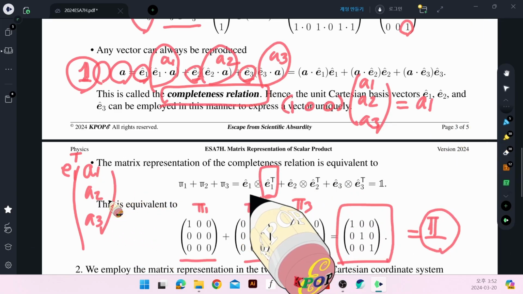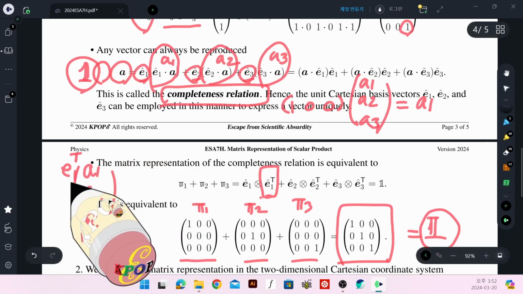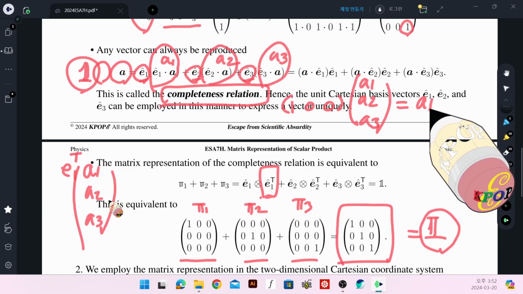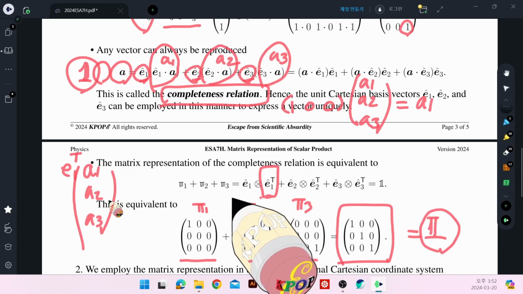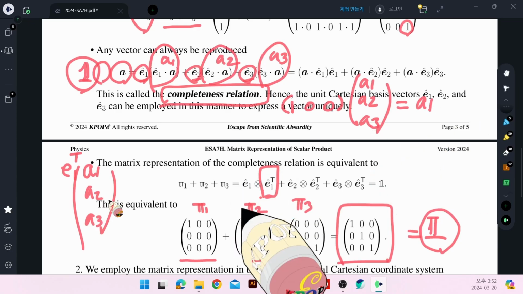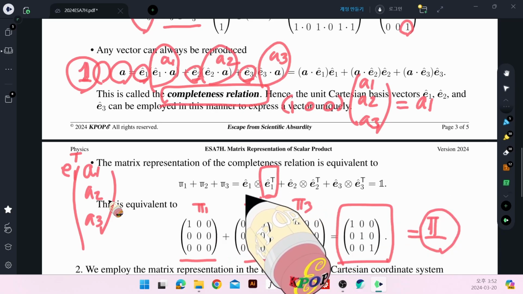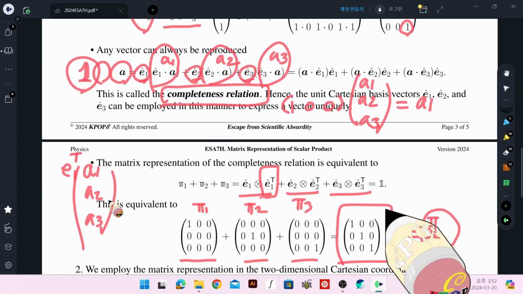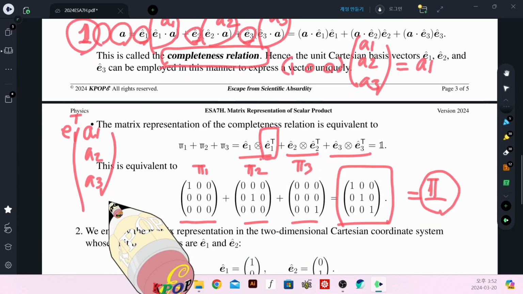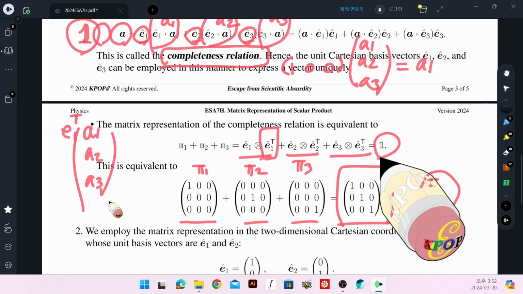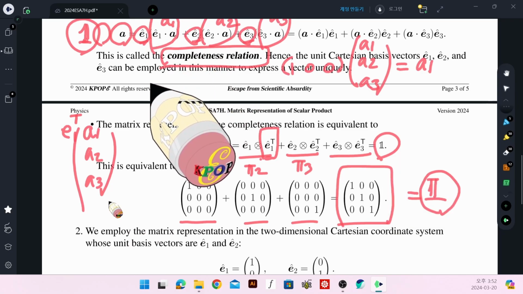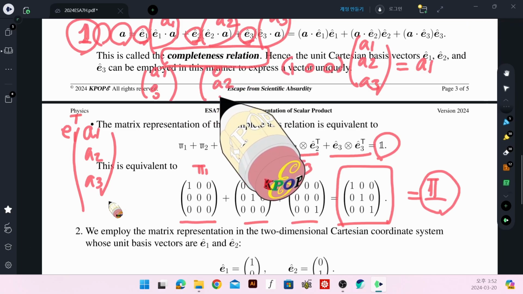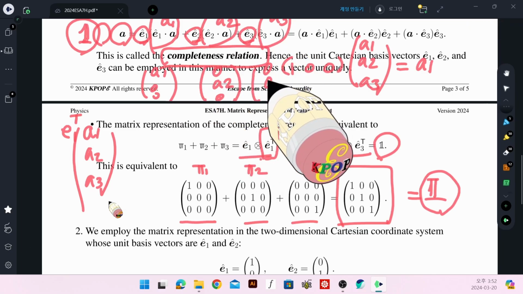Once this operator is multiplied by the column vector representing the A vector, it collects A1 only, which is then multiplied by the unit basis vector. As a result, the sum of the three projection operators along the Cartesian coordinates is nothing but the identity. The first contribution is A1, 0, 0, the second is 0, A2, 0, and the third is 0, 0, A3.